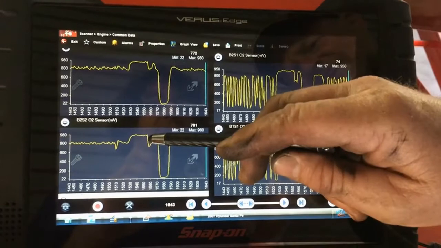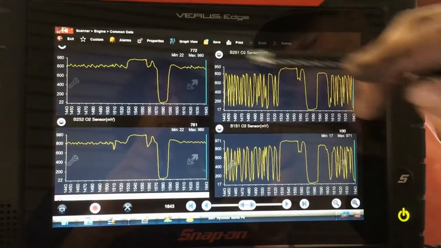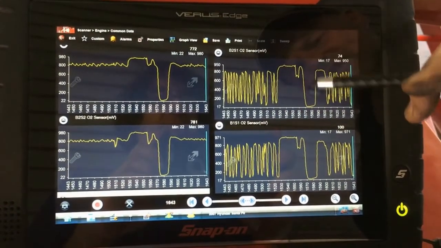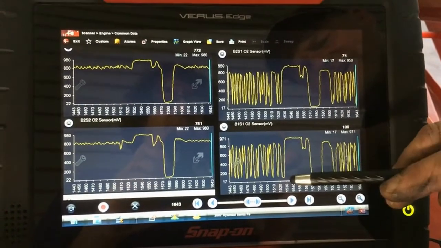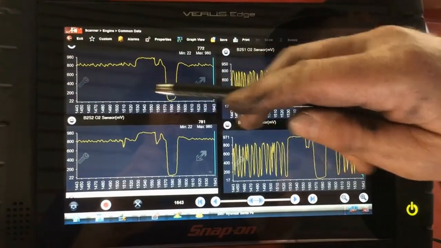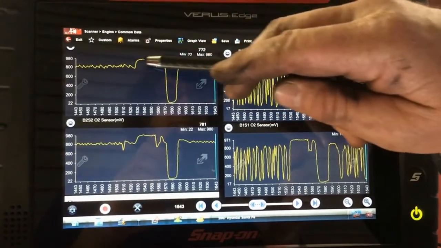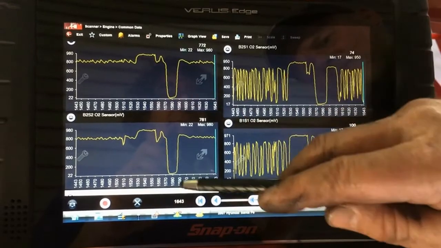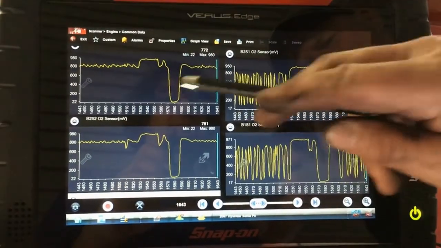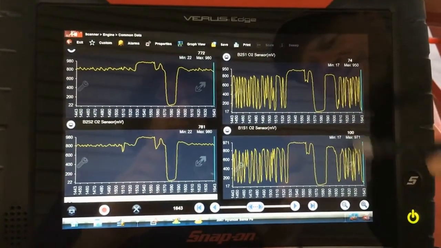They did exactly what I wanted. The front O2 sensors went rich, then lean, then back to rich, and then started to oscillate again. The rear one was a little bit delayed, a little bit flatline, went rich, and then did go lean when I prompted it to, but it was slower to get to lean than the front O2 sensors.